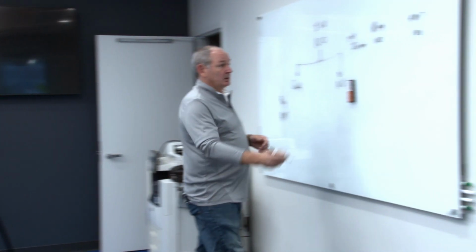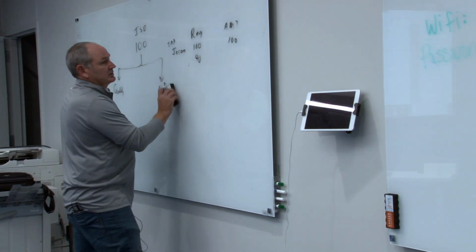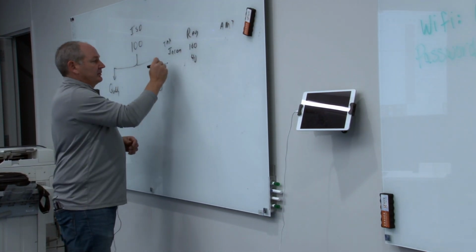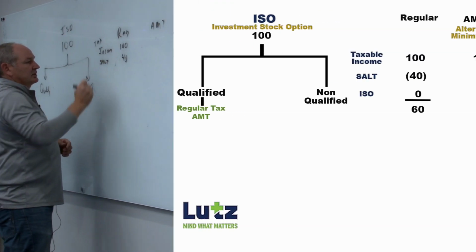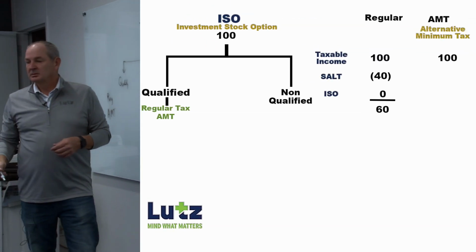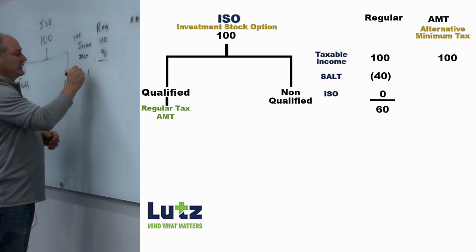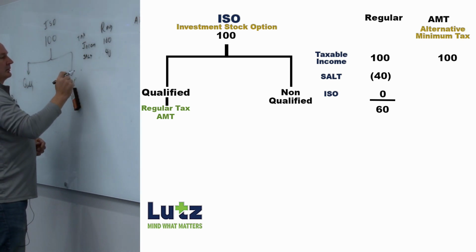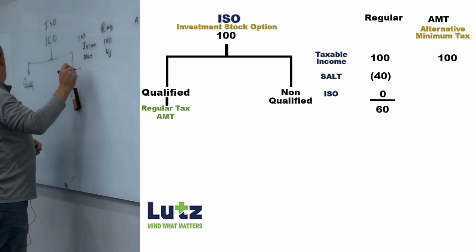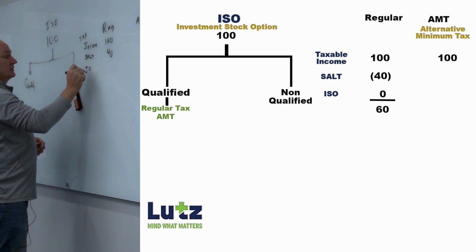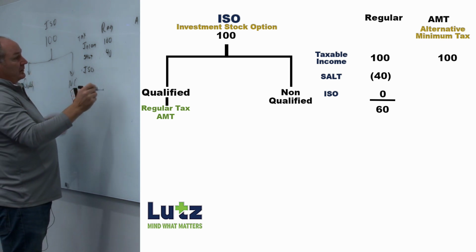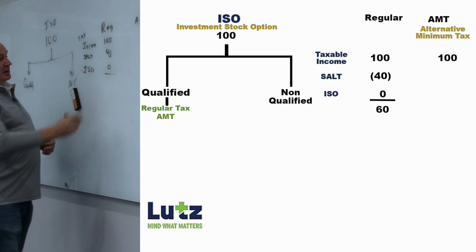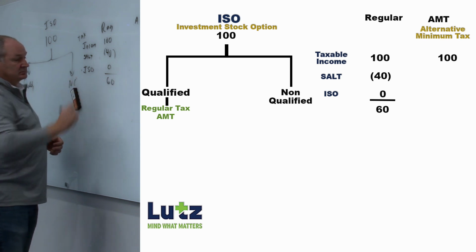So I'm going to revise this. We have state and local deduction because I have a California house. And my taxable income, let's see, ISO, my taxable income is 60.